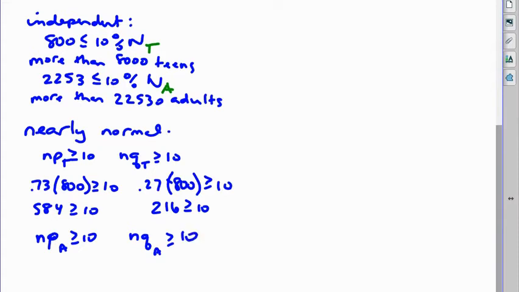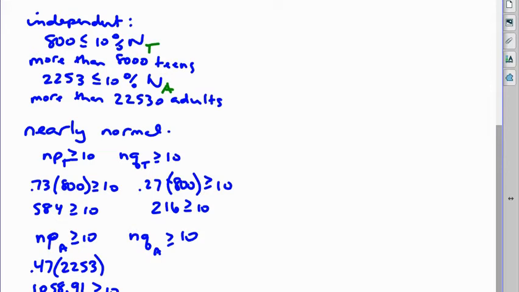Okay, and they said their percentage was 0.47 times 2253. That's going to be a big number, and this is the one that's going to control anyway. And I get 1058.91 is greater than or equal to 10.